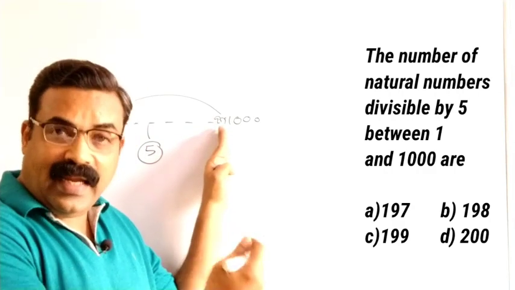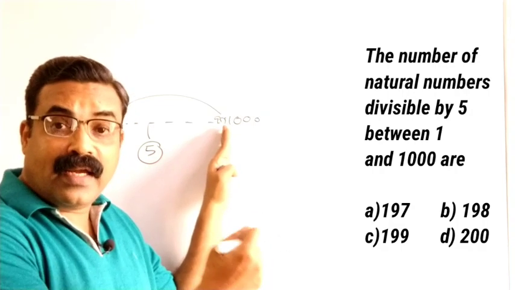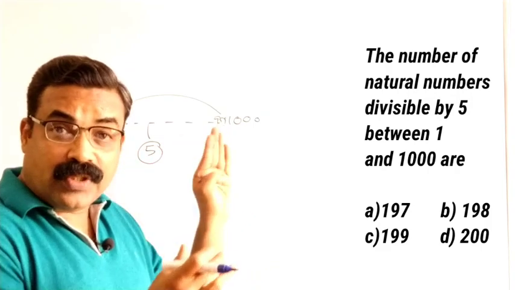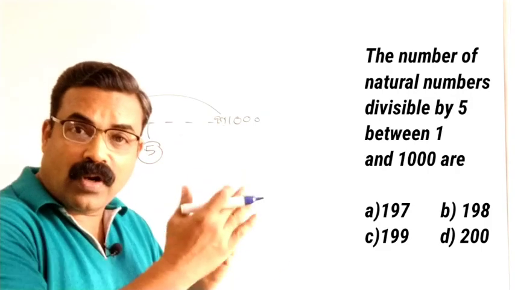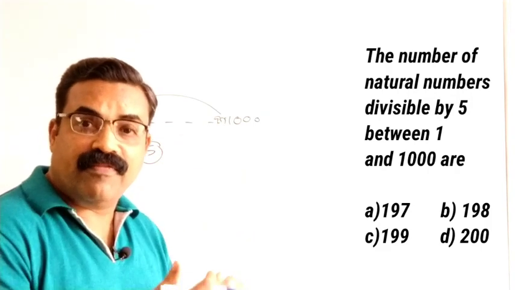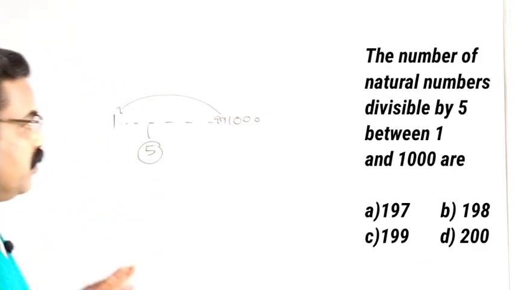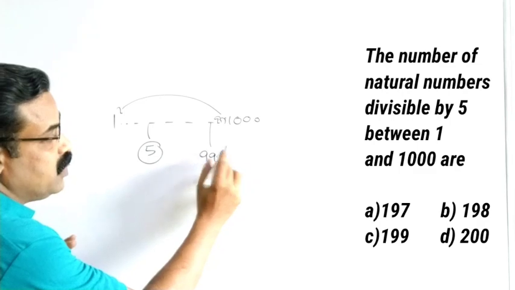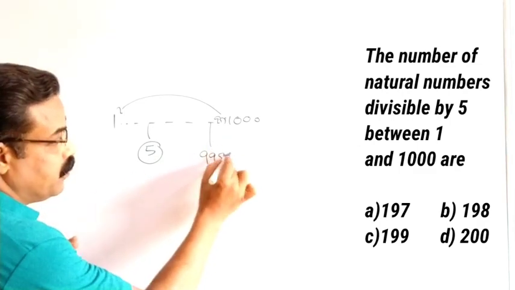Before that, 998, 997, 996 are all not divisible by 5. So the last number between 1 and 1000 which is divisible by 5 is 995.